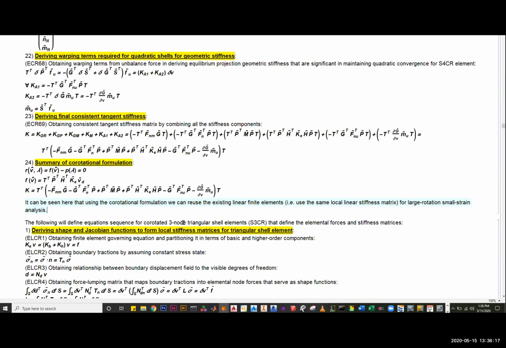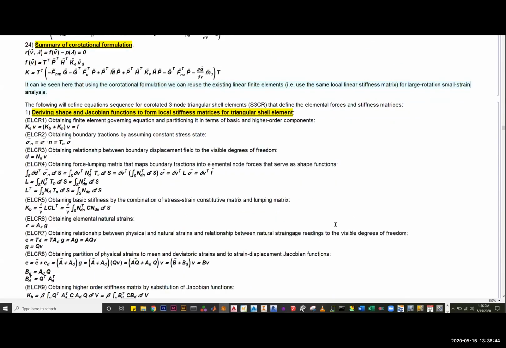One of the advantages of a corotational formulation is we can reuse the linear finite elements, meaning using the same linear stiffness matrix, this KE right here. That's why we're able to reuse that. But now we're doing large rotations and small strains.